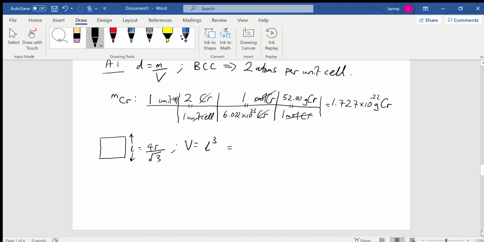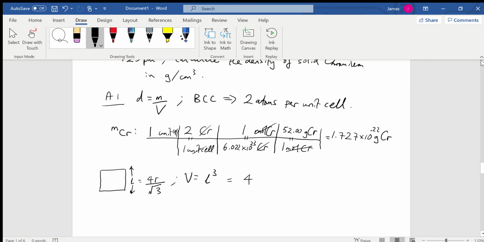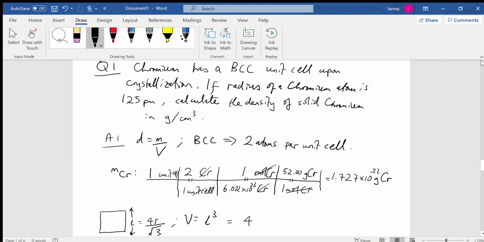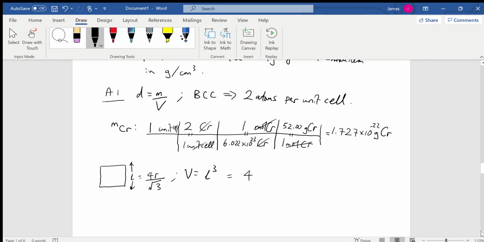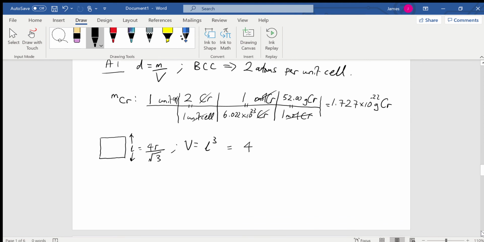So this is just the number 4. The radius is actually given to us in the question, right? Let's have a look. What are we given in the question? Yeah, we're given the radius as 125 picometer. So I wasn't sure if we had the radius or the diameter. So we have 125 picometer.